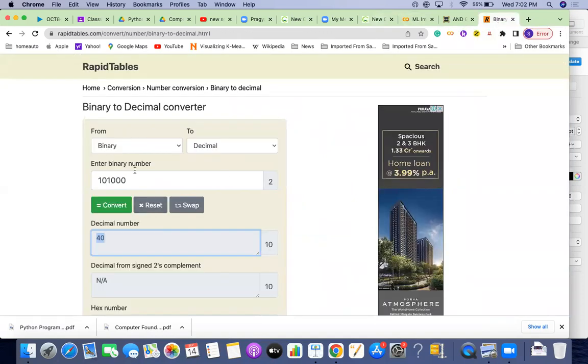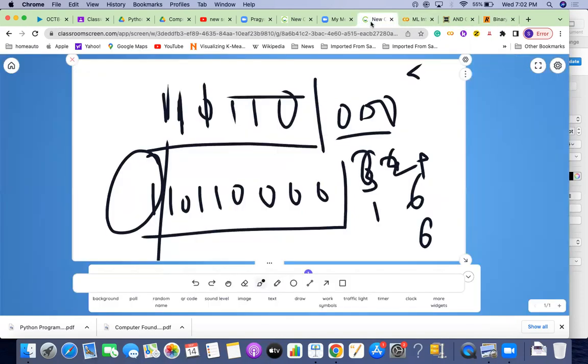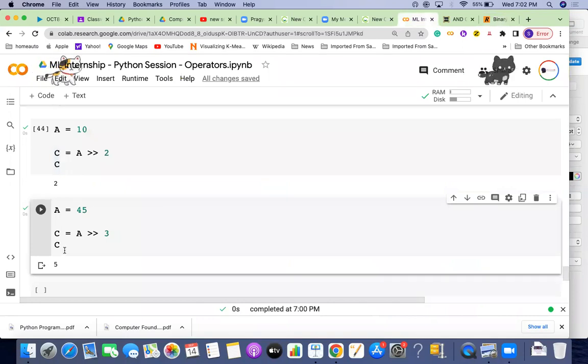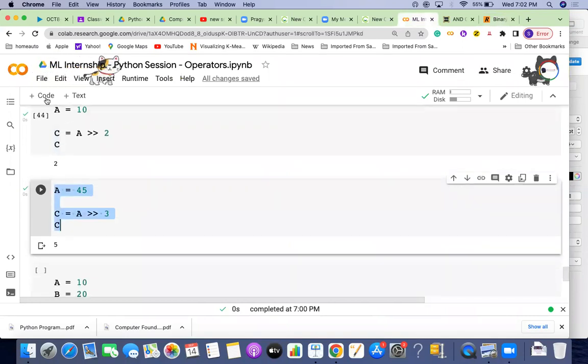So 54 in binary is 1 1 0 1 1 0, correct? Then add 3 zeros: 1 1 0 1 1 0 and then 1 2 3 zeros. This is what it will convert to. So if I do left shift on 54 by 3, you should be able to get that value.